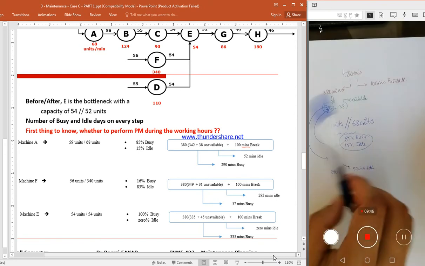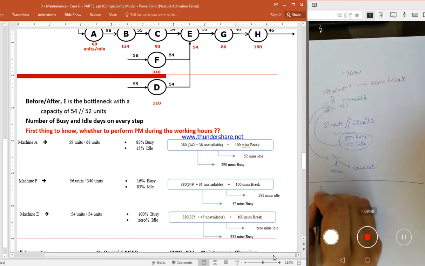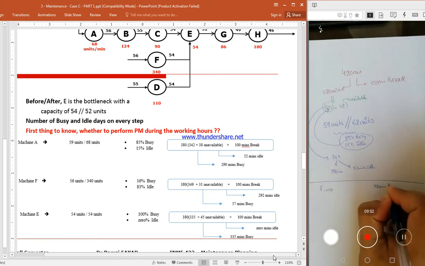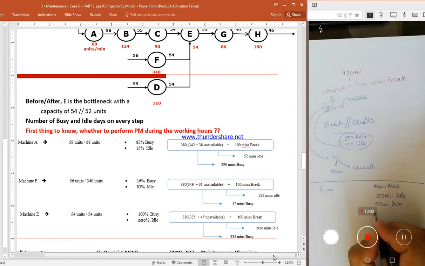Step F: every day we have 100 minutes break time, we have 292 minutes idle, we have 57 minutes busy, we have 31 minutes the machine is unavailable.